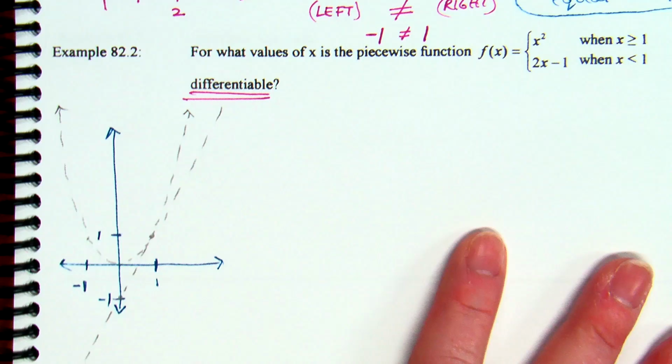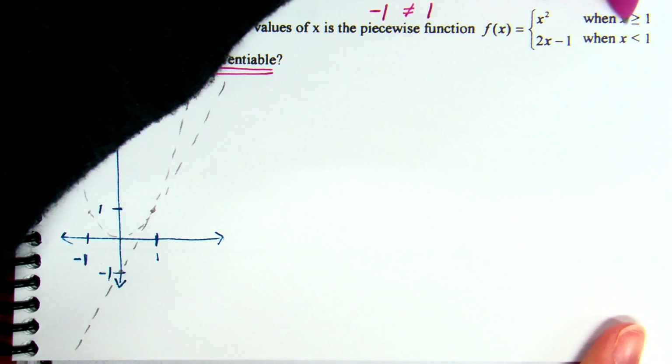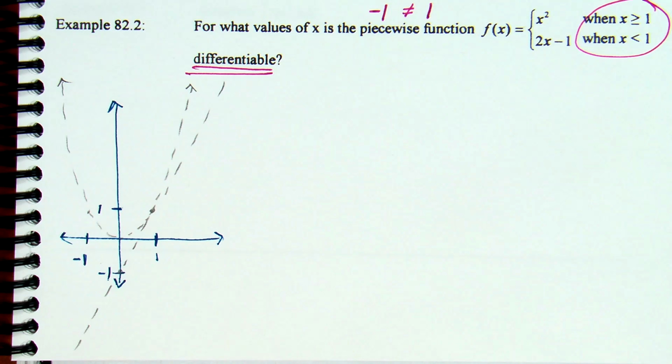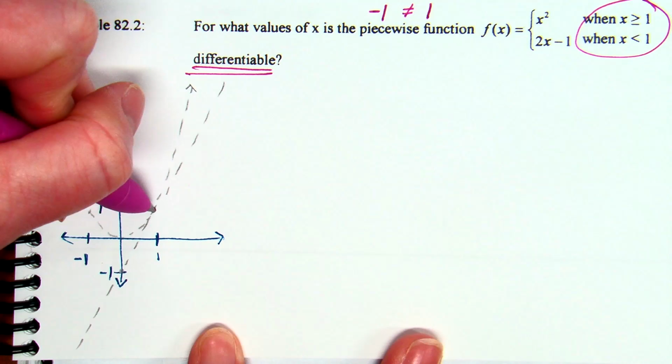Now, obviously, the entire parabola and the entire line does not exist, right? What was the key? The parabola is when x is greater than or equal to 1. So that is the right side of the parabola, yes?